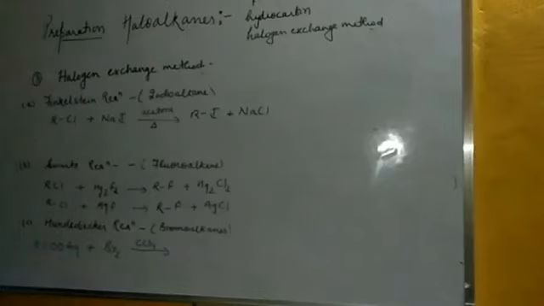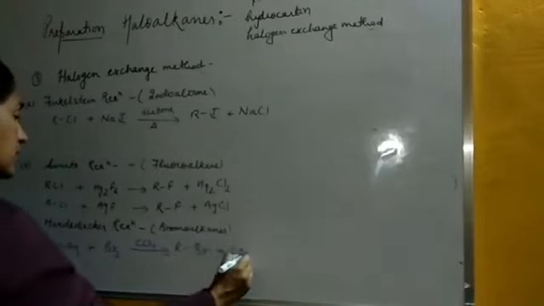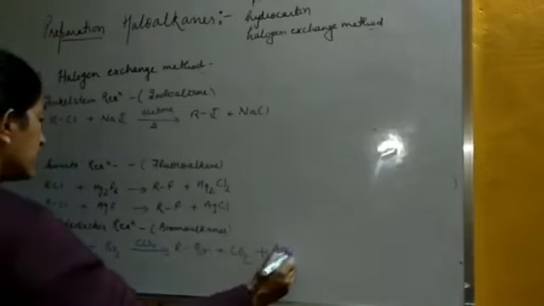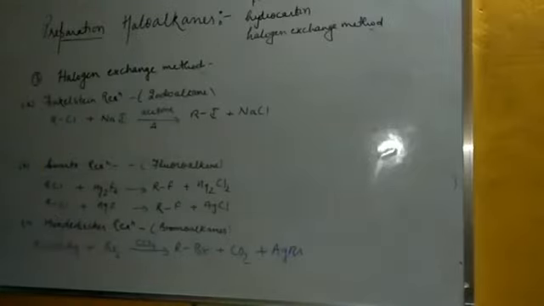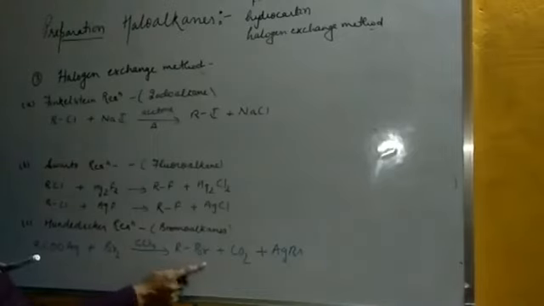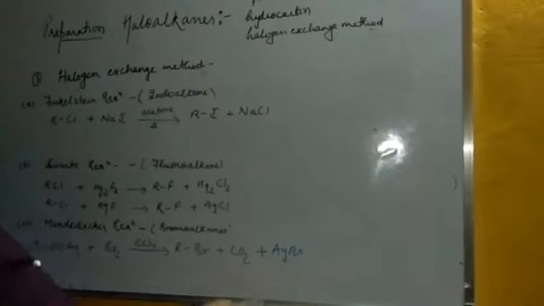What will be the product formed here? It will be RBr plus CO2 gas evolved, and AgBr formed. In this reaction, bromine is dissolved in carbon tetrachloride, and the silver salt of the carboxylic acid is decomposed into bromoalkane, carbon dioxide and AgBr.